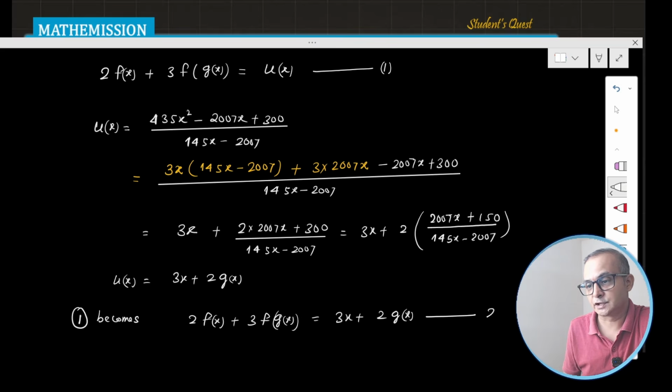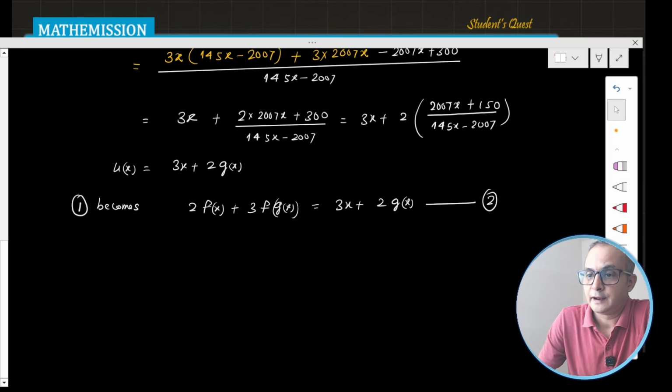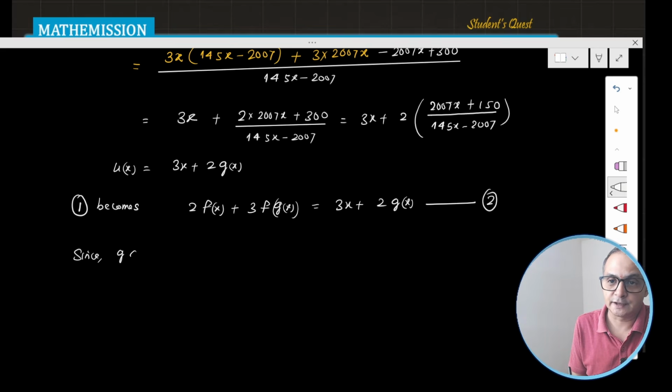Let's say this is equation number 2, the simplified one. In this equation I have f(x) and f of g(x), and since g of g(x) is x, I can use this fact to make our life simpler.